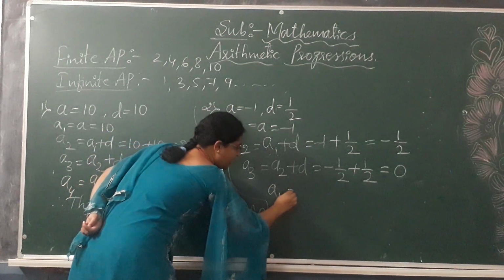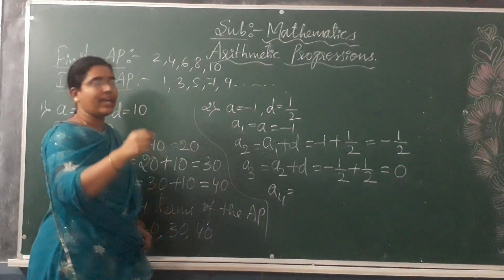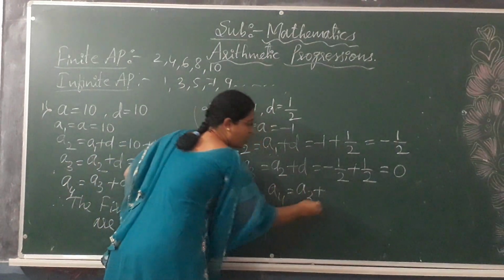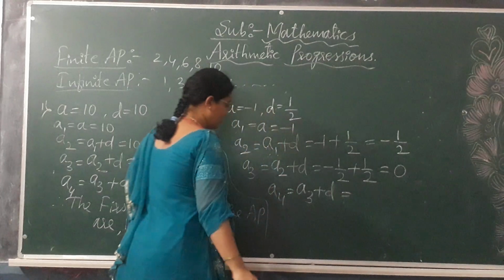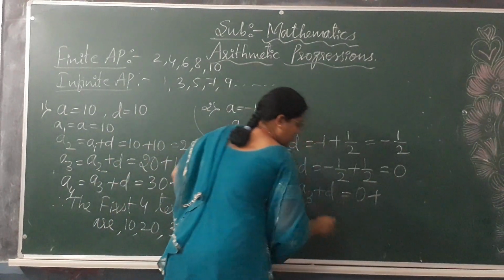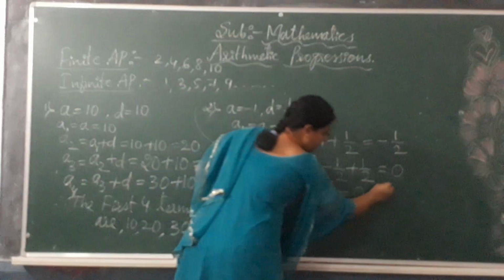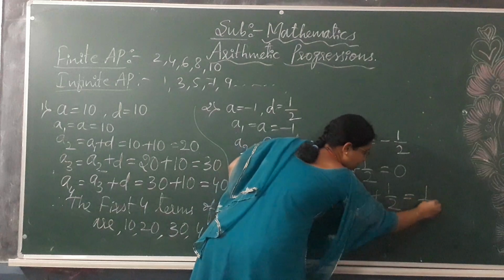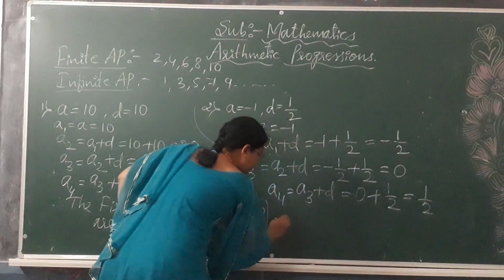Like this only, find the fourth term. A4 is equal to third term A3 plus common difference d. Third term, how much did we get here? 0, plus common difference d is 1 by 2. Add these two numbers, 0 plus 1 by 2 equals 1 by 2.